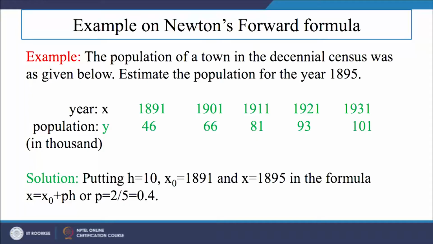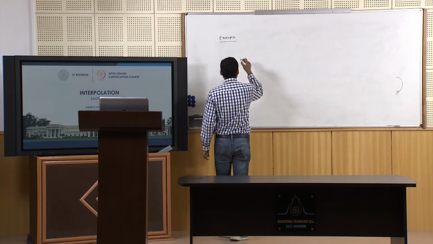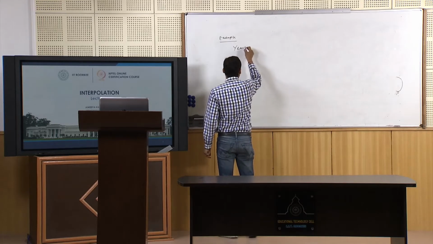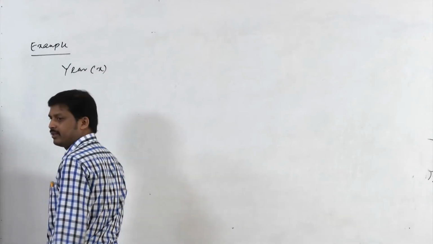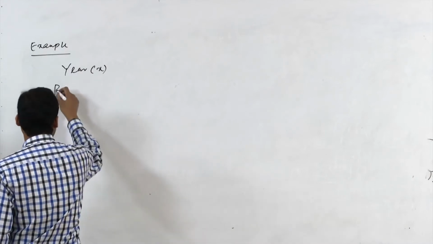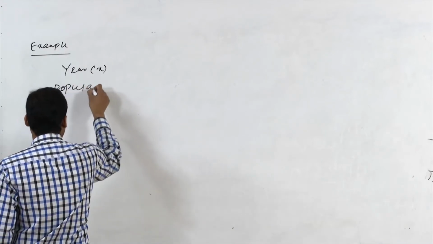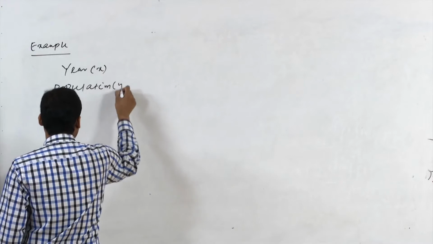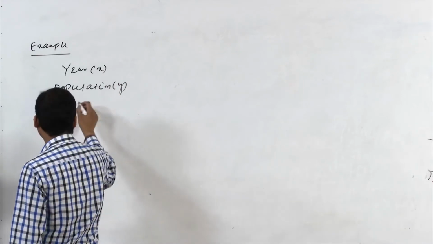If we write this problem, the year is x and the population is y, in 1000.